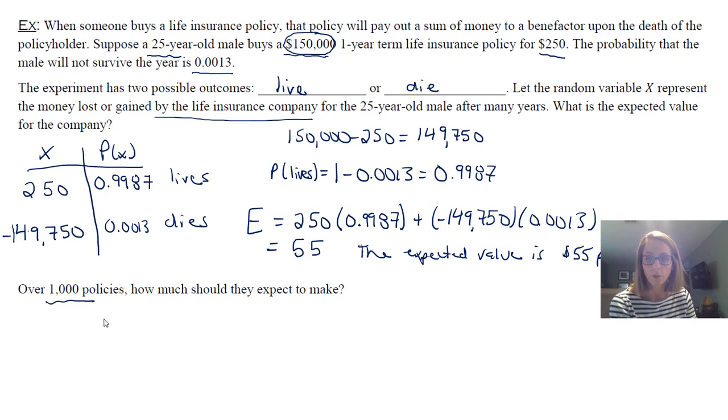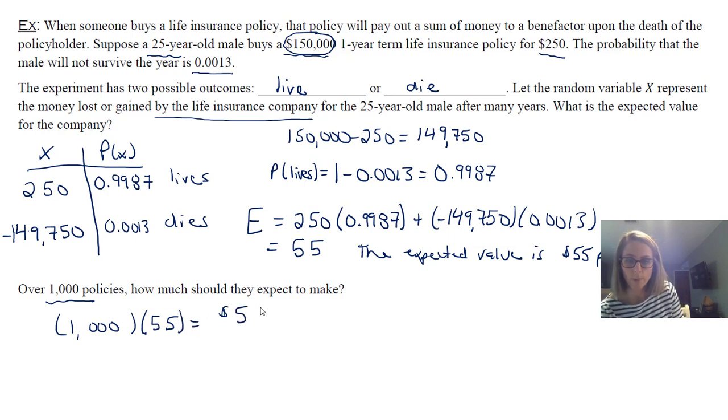This is not asking you to do anything in terms of crazy statistical stuff. It's just saying if you had 1,000 25-year-old males that buy this policy and they're expected to make $55 per policy, well, that would just indicate multiplication. So they would expect to make $55,000 on that. Yeah, so there you go.